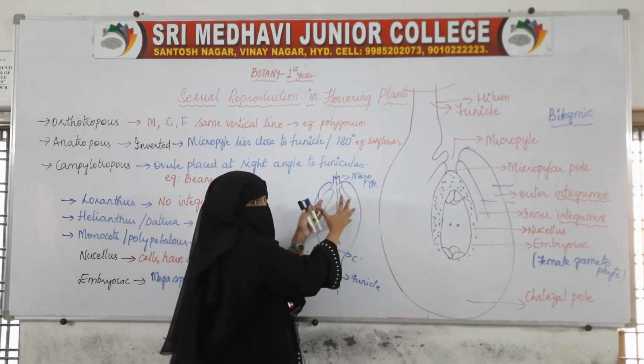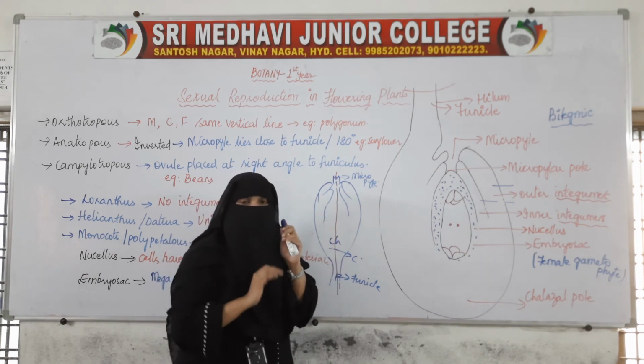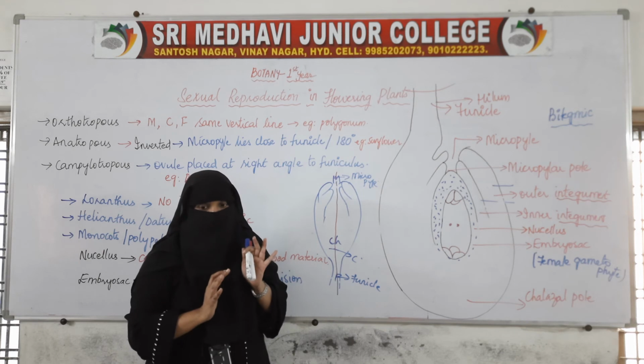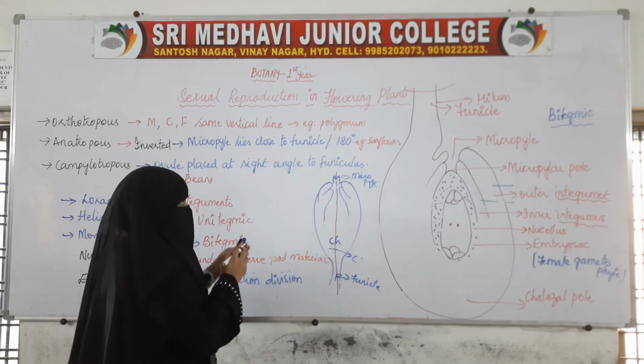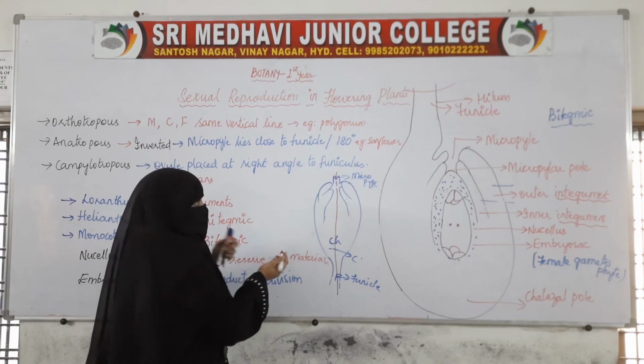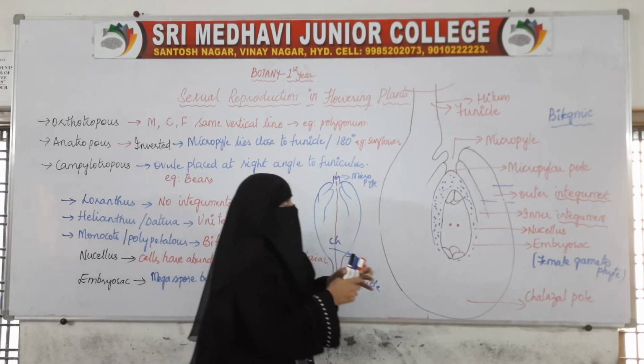Okay, the next one is anatropous ovule. Here in this anatropous ovule, the ovule will be inverted. For example, you see this structure.